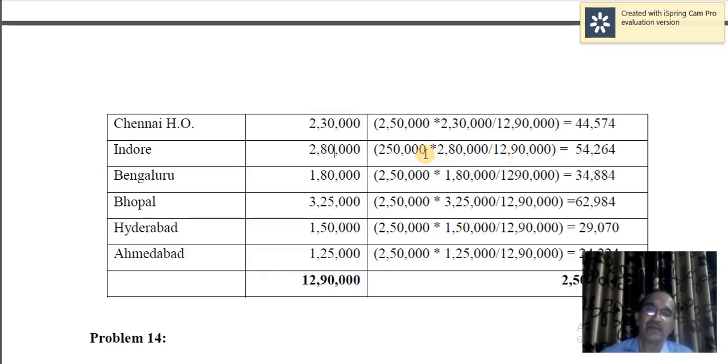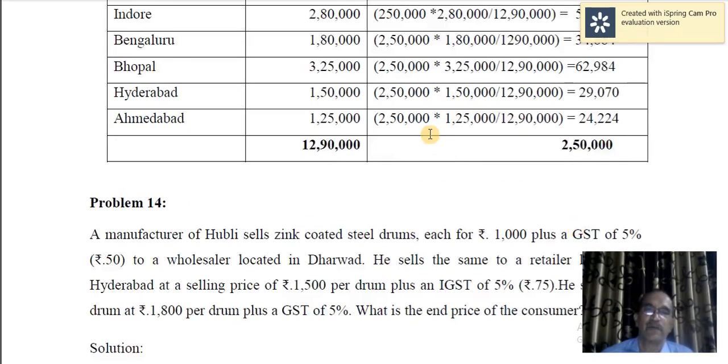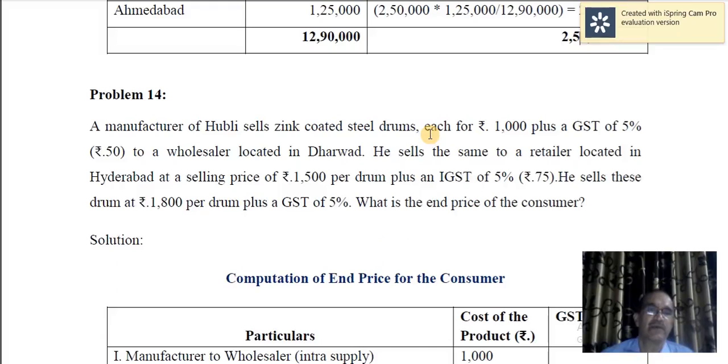And then you have to apply that on 2,50,000. Then you will get its share. Then Bangalore, Bhopal, Hyderabad, Ahmedabad. So similarly it is being calculated. So when you add up individual share, total will be 2,50,000. Similar problem I have already worked out in my previous lecture.